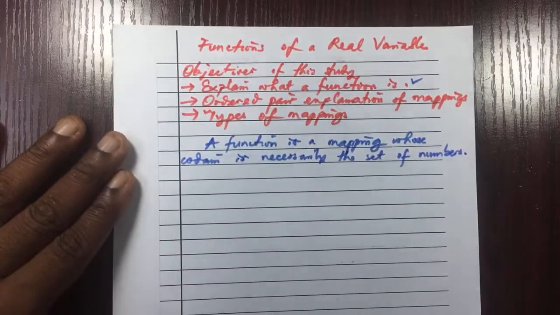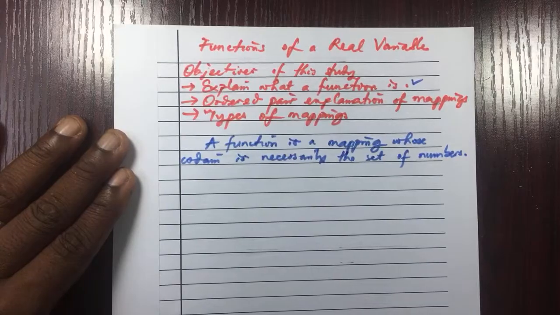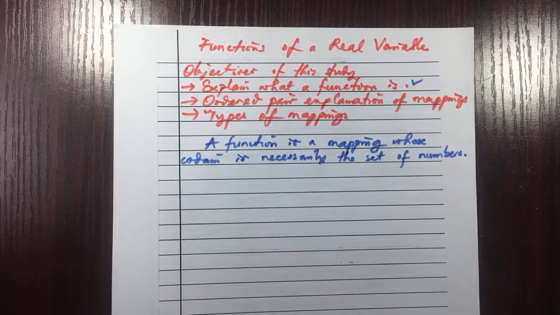When the codomain is necessarily the set of numbers in a mapping, that kind of mapping is called a function.